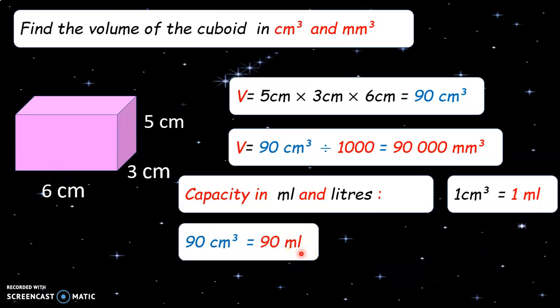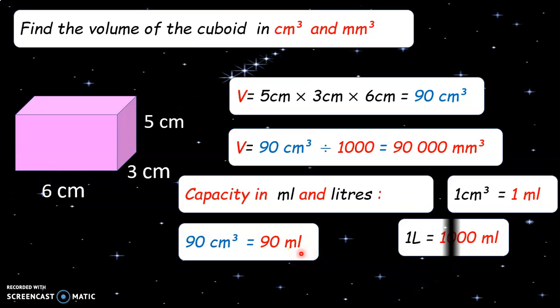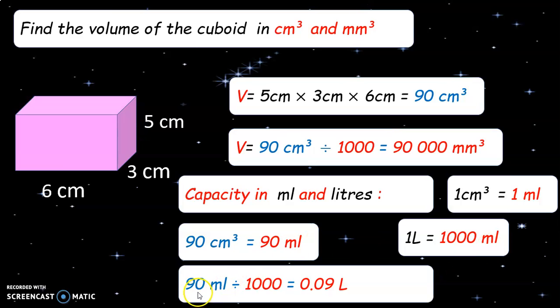If we want to change it into liters, we know that 1 liter is equal to 1000 ml. So if we have 90 ml, we just divide it by 1000 in order to get liters. So we have 0.09 liter. In other words, 90 ml is equal to 0.09 liter.